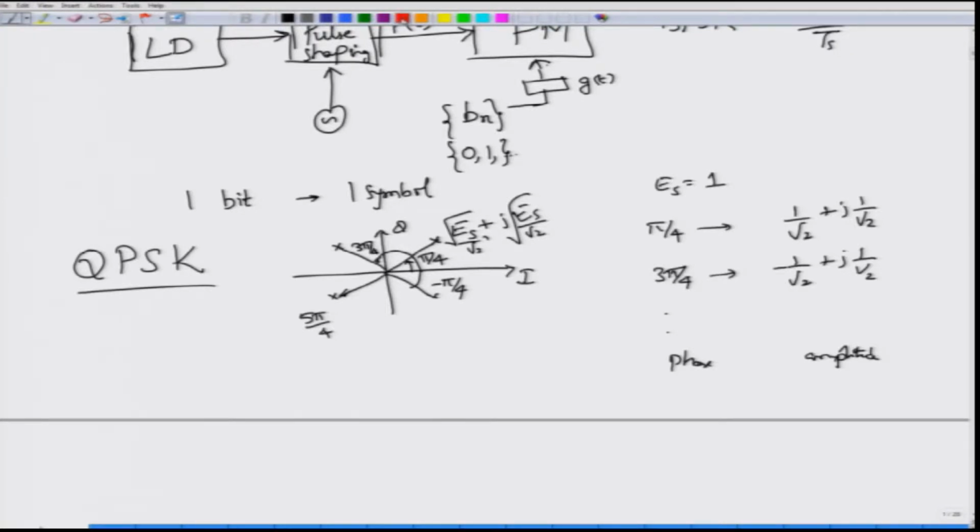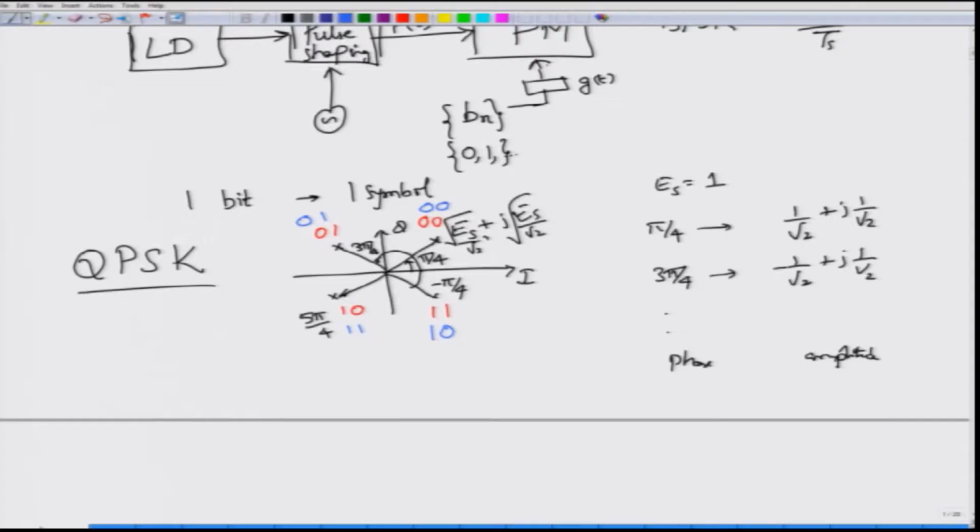So, I can map this as 0 0, 0 1, 1 0 and 1 1, or if I go to what is called the gray coded modulation, I can map this to 0 0, 0 1. Notice here that I will make it 1 1 and then this one 1 0.